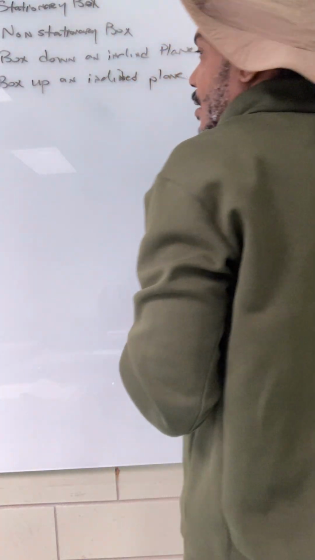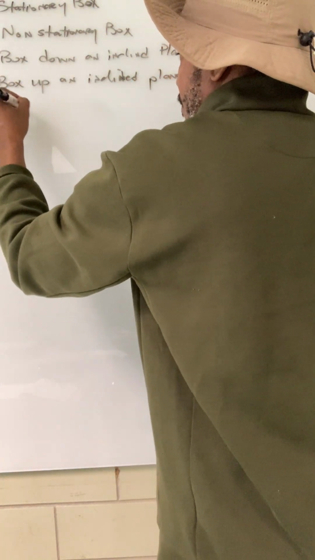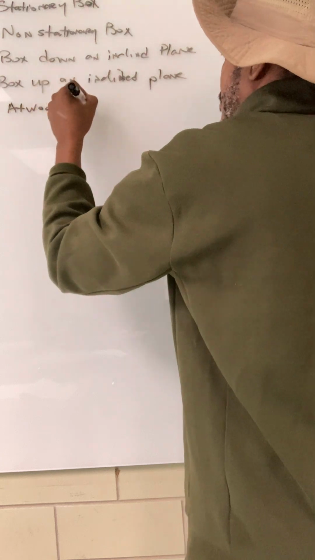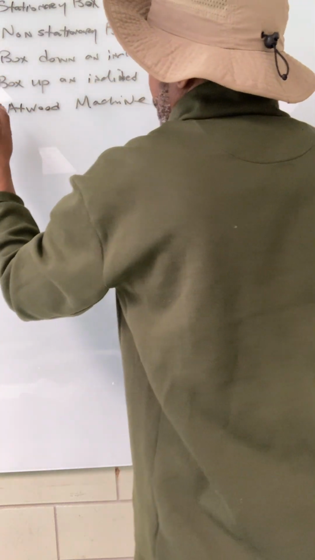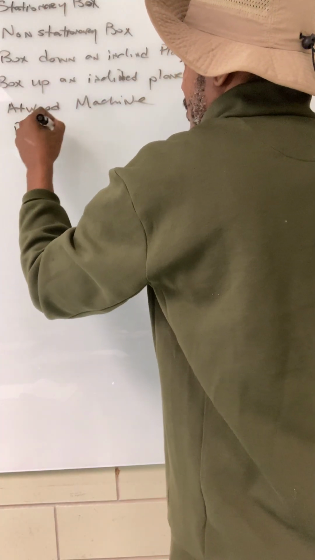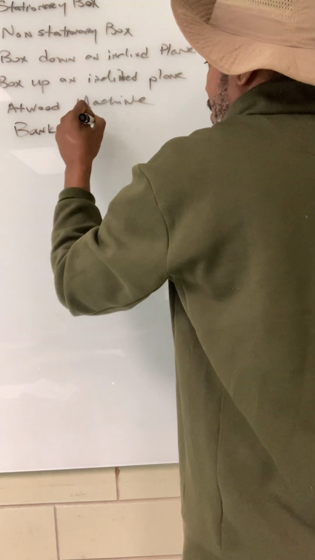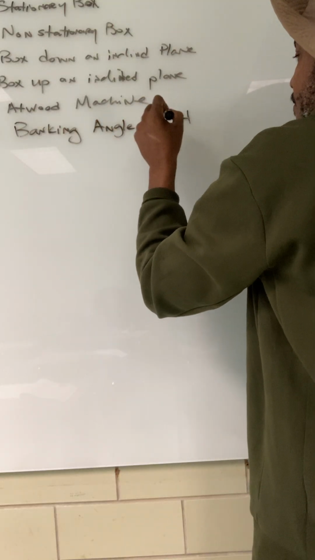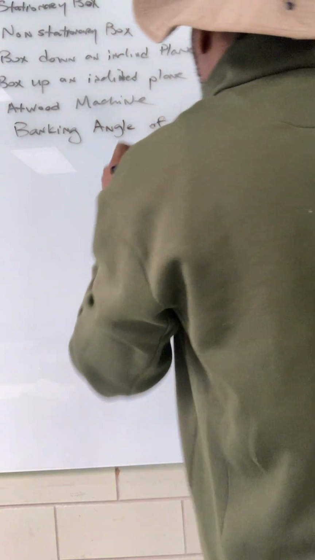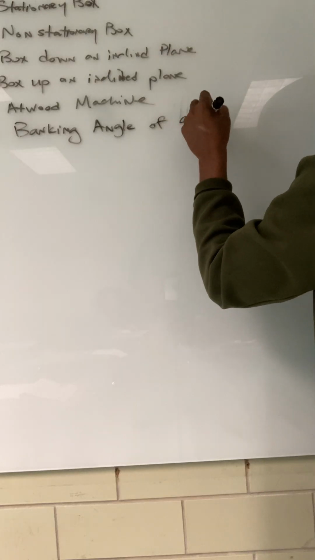And the Atwood machine, right? And this last one is going to be banking angle of a highway. Or a road or whatever. I just say a highway, okay?